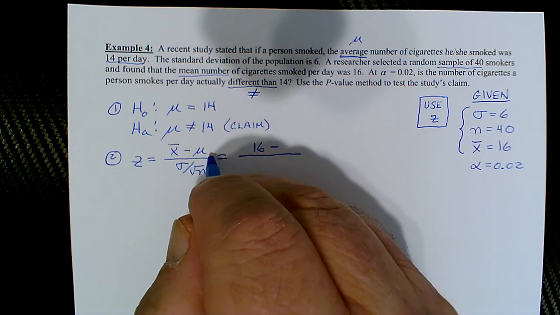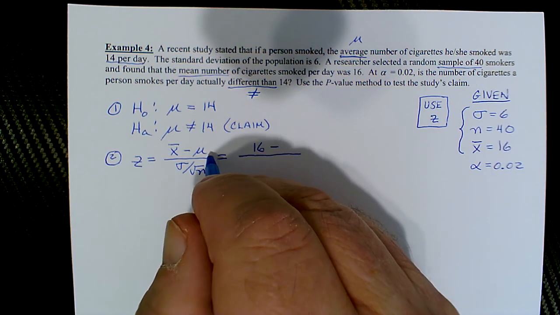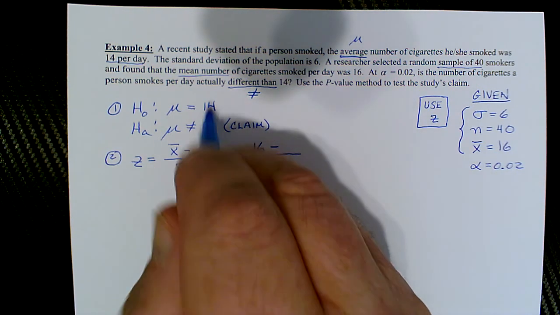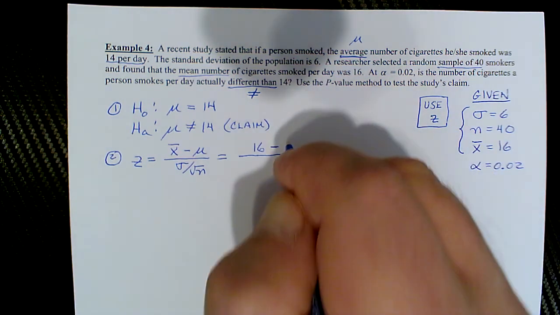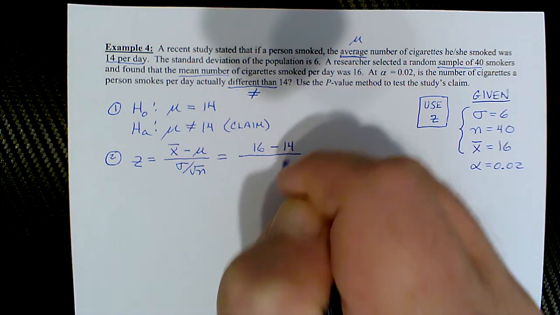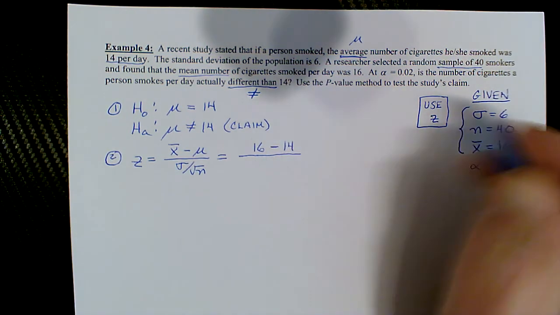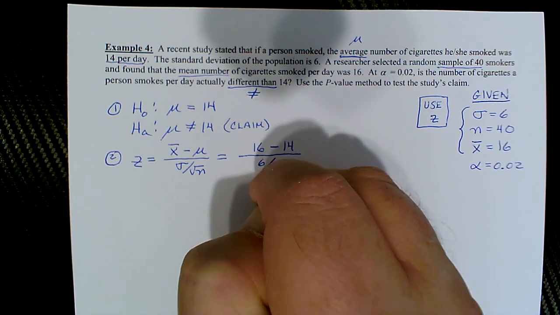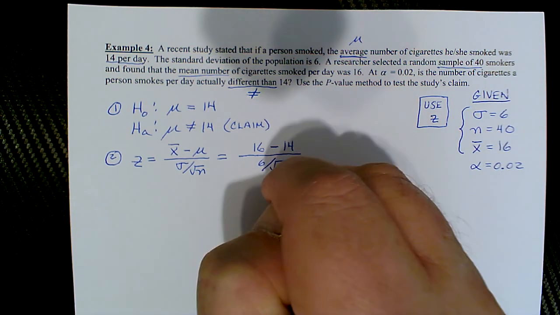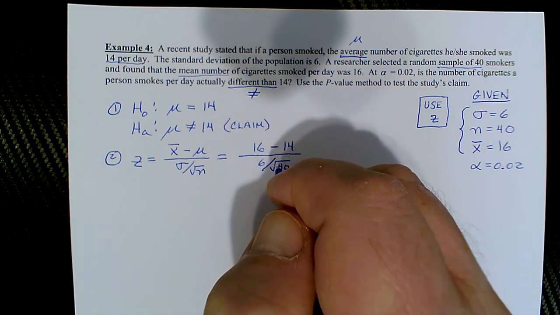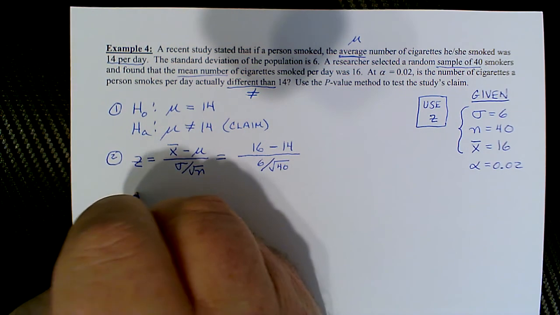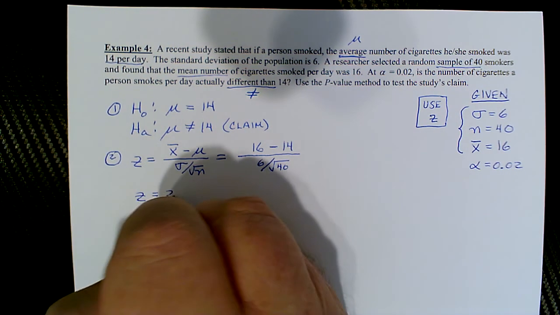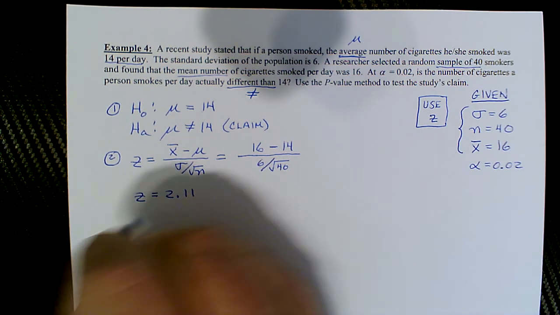Remember, mu is the hypothesized population mean that deals with the claim. So just look back at step 1. 14 in this case, over sigma, part of the given was 6, and the square root of the sample size n was 40. And so therefore, crunch that down, we get 2.11.